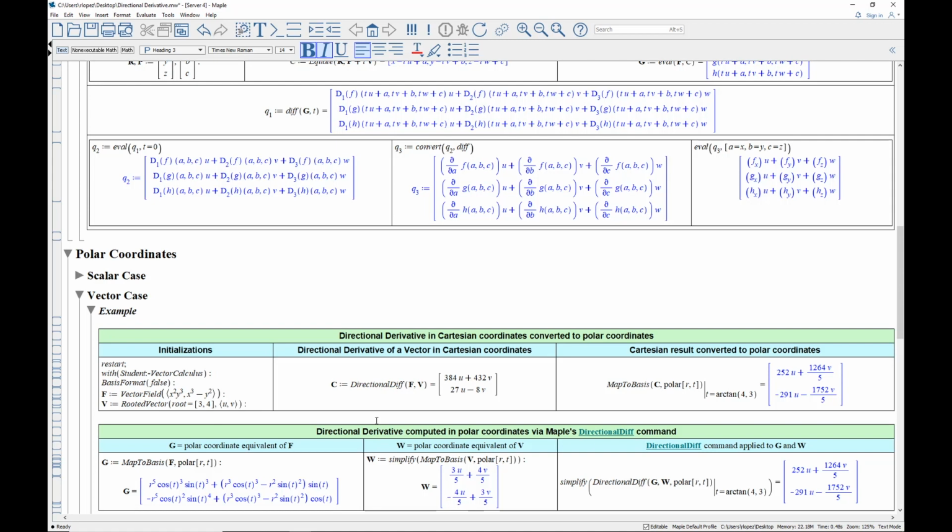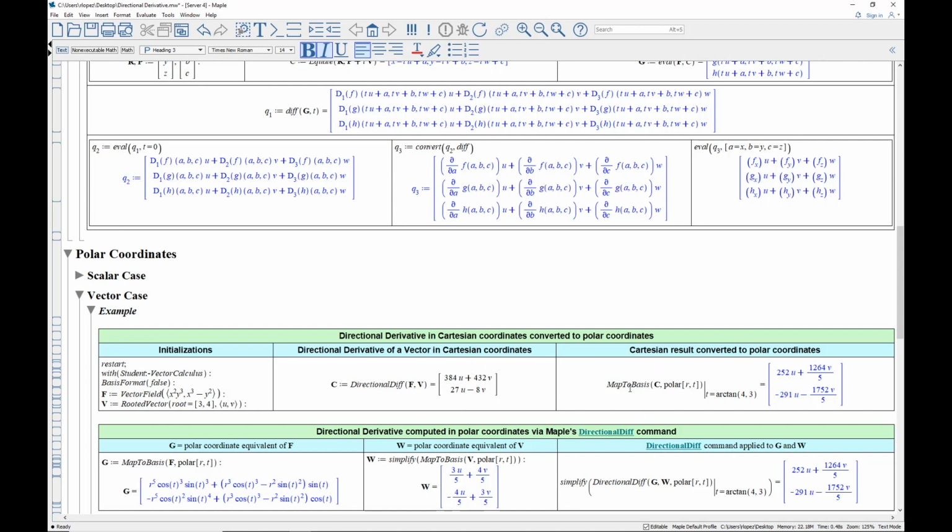Components u, v. Let's try directional diff. In Cartesian coordinates, this ought to work. So vector, direction, get this value.